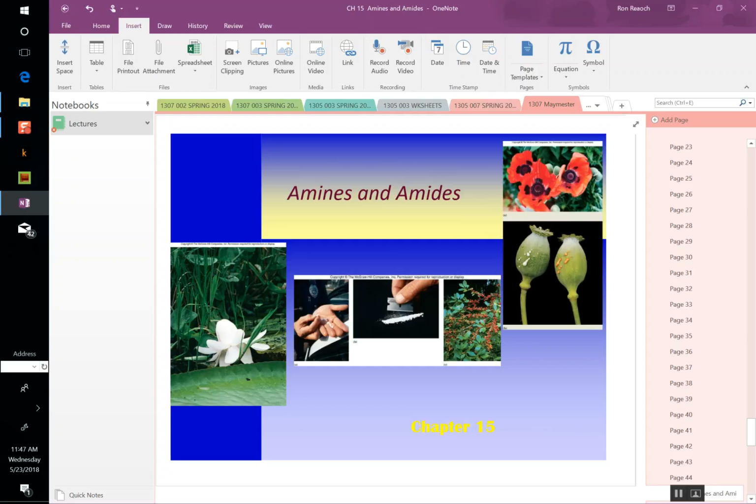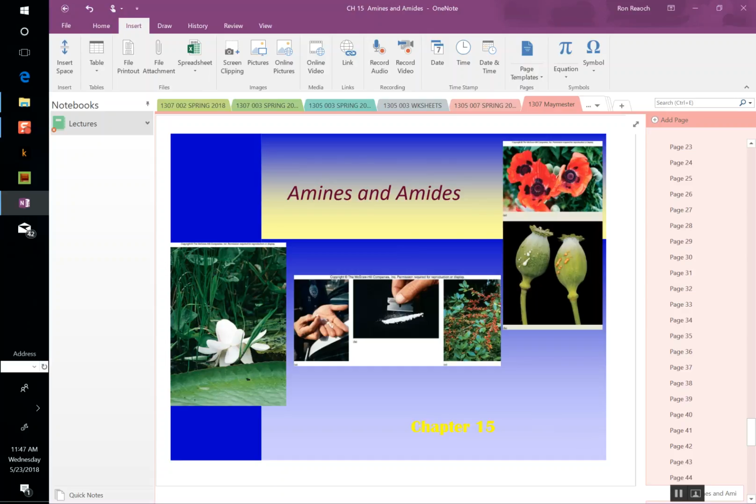They got an NH2 group on them. These are amides, or amines. All right? Both have nitrogen.